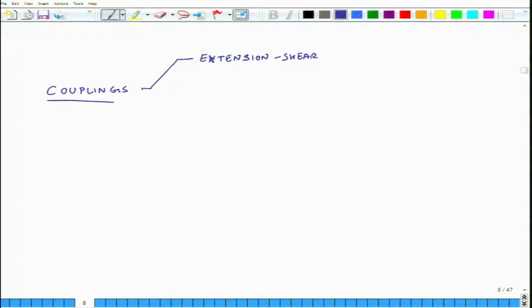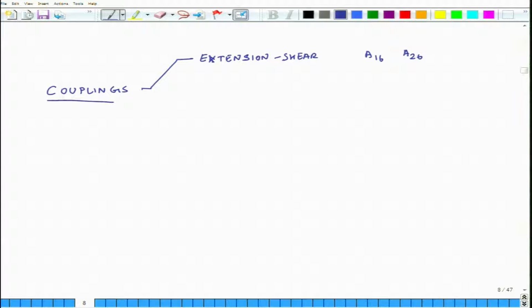So, this type of coupling, what does it imply? It implies that if I pull a laminate, it will also generate shear strains, or if I apply shear, it will also generate extensional strains. And we had seen that this is attributable to elements A16 and A26.